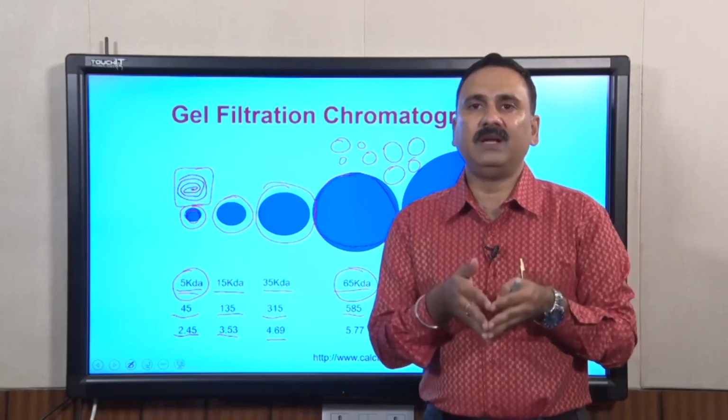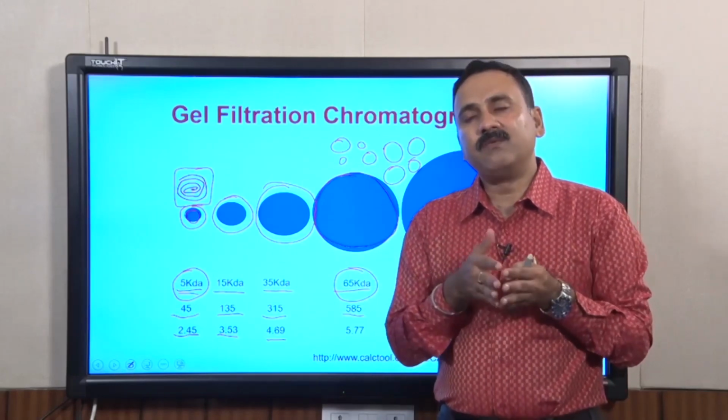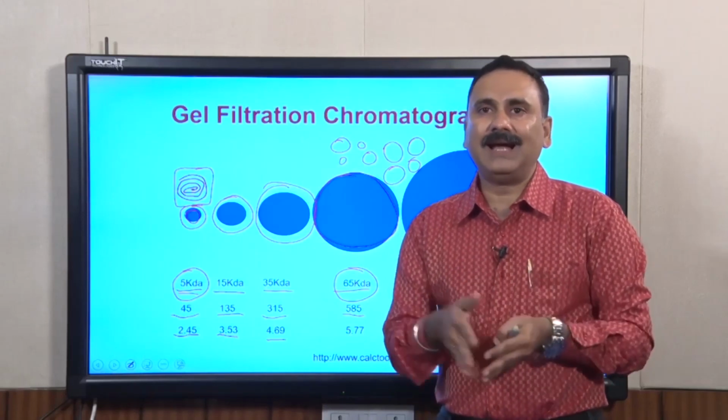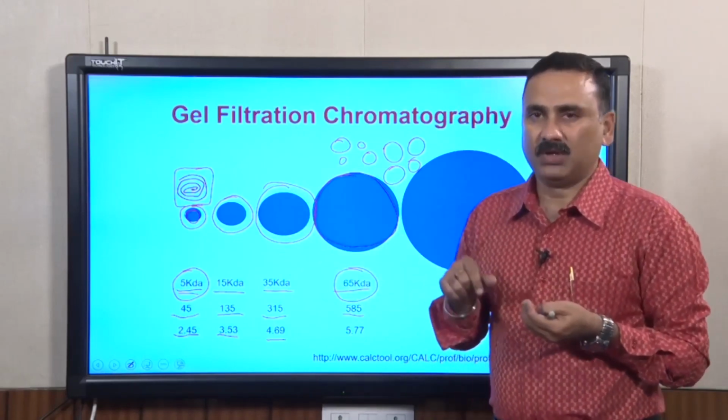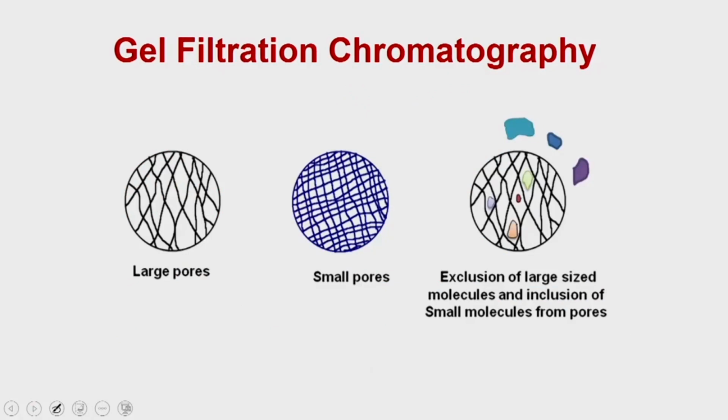It actually has funnels of different pore sizes, and based on that it filters these molecules. So, in a typical gel filtration you have beads with a large pore size and beads with a smaller pore size, and in general when you put the molecules through this, the large molecules are going to be excluded, whereas the small molecules are going to be included.